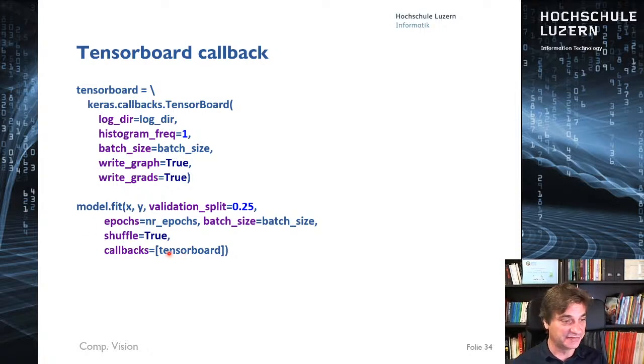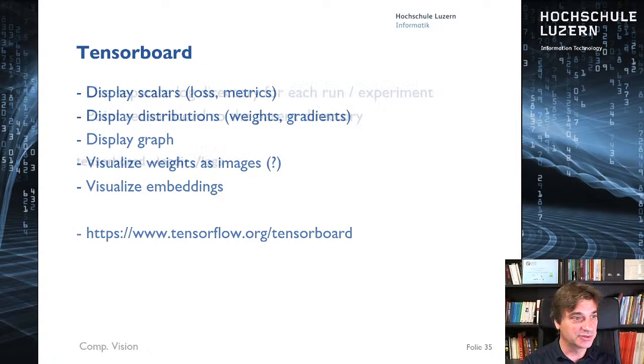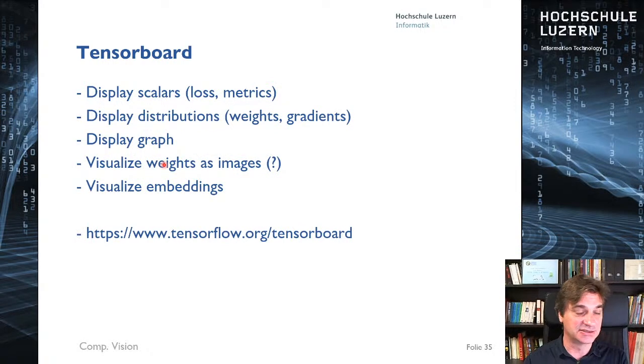So it needs to be a list of callback functions. There could be more than one. This would be the one for the TensorBoard. And it will just write some log files in some log directory. In a separate process, you can then start the TensorBoard and look at the log directories there to have the real-time display. So you can display some scalars, loss functions, etc.